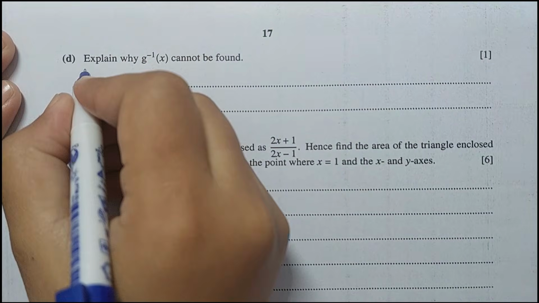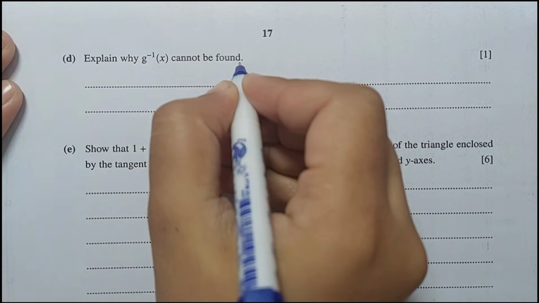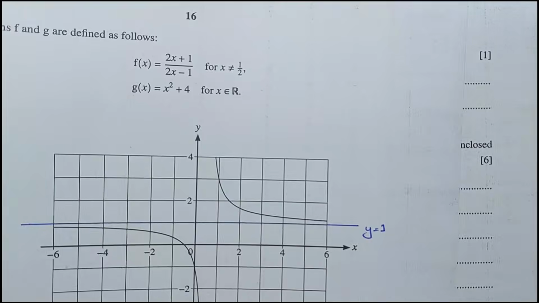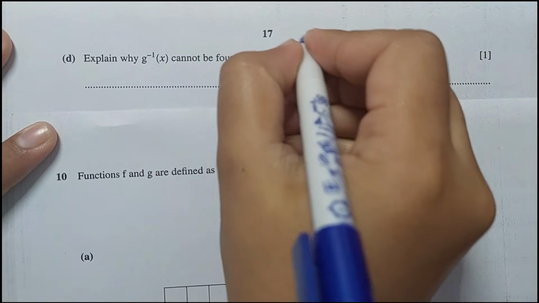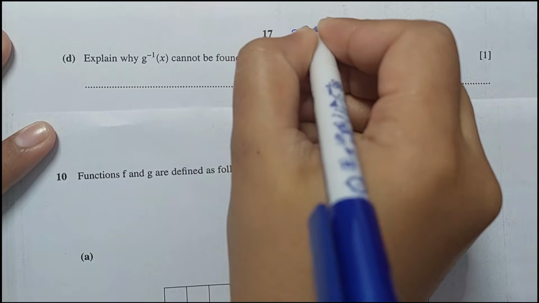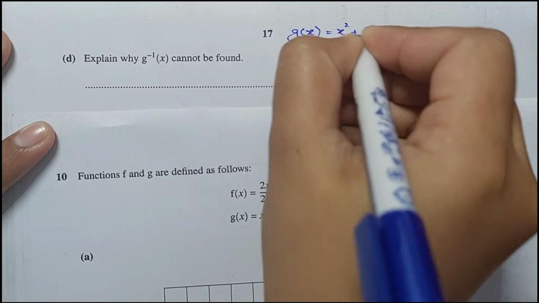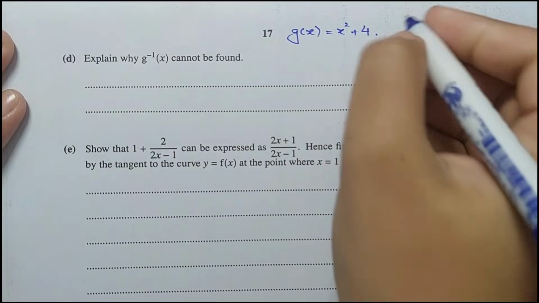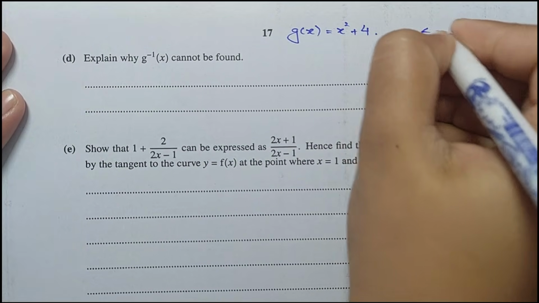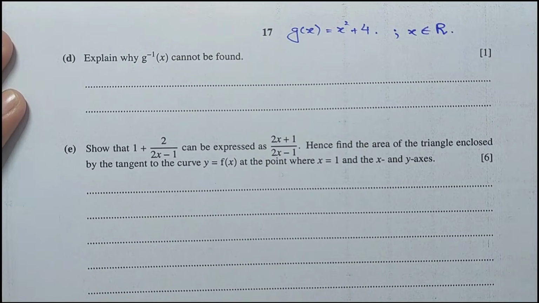Now for part D, explain why g inverse cannot be found. Okay, so g of x is x square plus 4. This is a parabola, and the domain we are given is that x belongs to all real numbers, right?